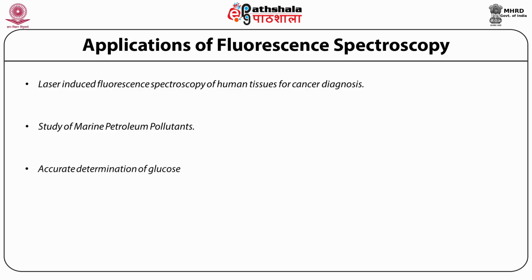Third, to accurately determine the glucose level in the blood, fluorophotometry is used widely owing to its operational simplicity and high sensitivity. Recently, biomolecule stabilized gold nanoclusters were demonstrated as a novel fluorescence probe for sensitive and selective detection of glucose.